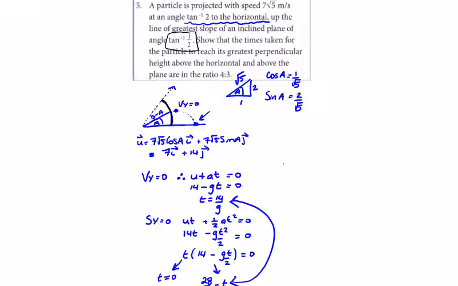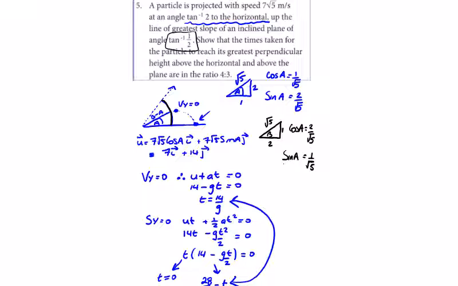So the tan of b is 1/2, if we call that the angle b, the other side is going to be √5. So the cos of b will be 2/√5 and the sine of b will be 1/√5.